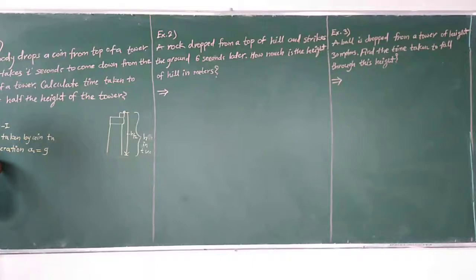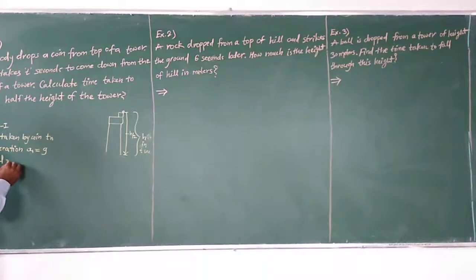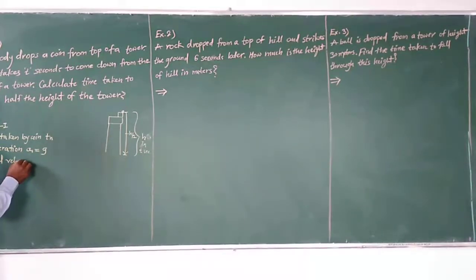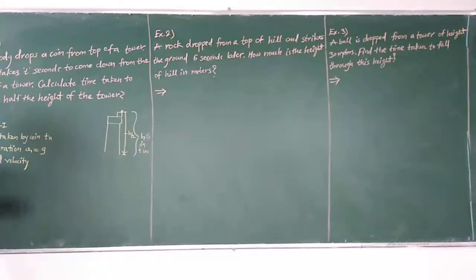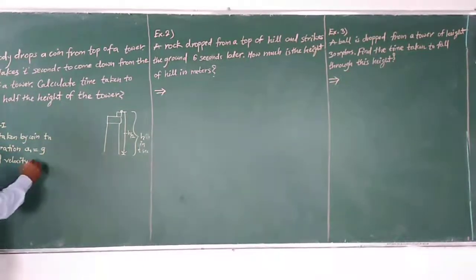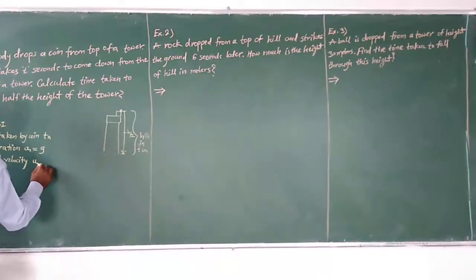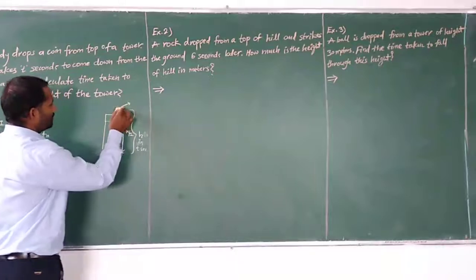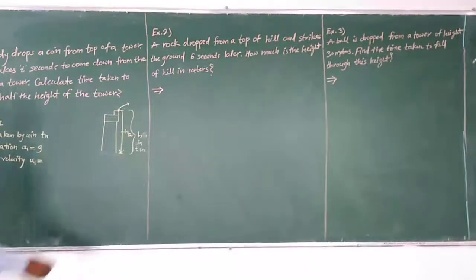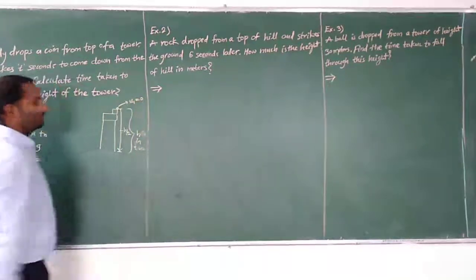Then initial velocity. We know already what is initial velocity. The symbol is u1. What is initial velocity of that coin? The coin is at rest, so initial velocity u1 is 0.